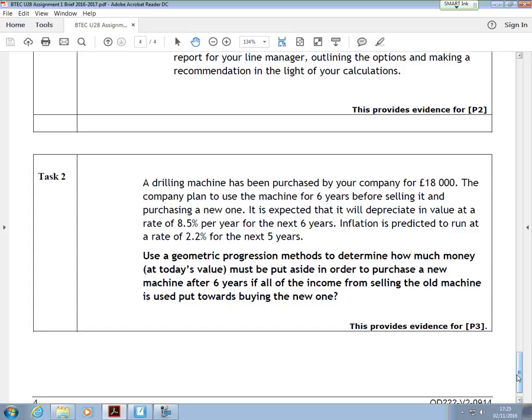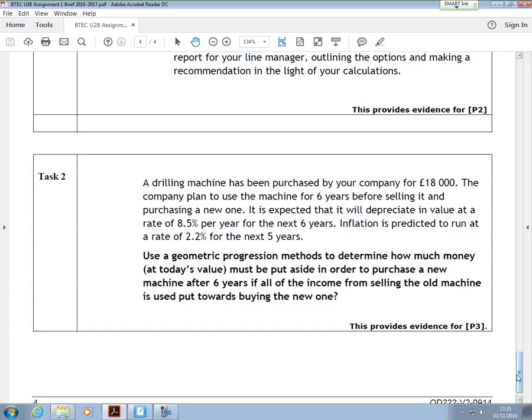Right? Yeah. The price of the new one is going to go up by 2.2% a year. So you're going to set aside a cash deposit now.